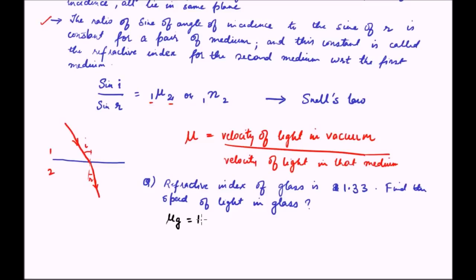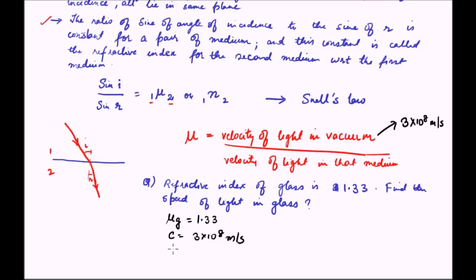We know that the velocity of light in vacuum is denoted by c is equal to 3 into 10 to the power 8 meter per second. Okay, this I should have mentioned here. It is always 3 into 10 to the power 8 meter per second. This is a universal constant. Actually, it is a little different, 2.99 something, but for all practical purposes of our lecture, 3 into 10 to the power 8 will suffice.